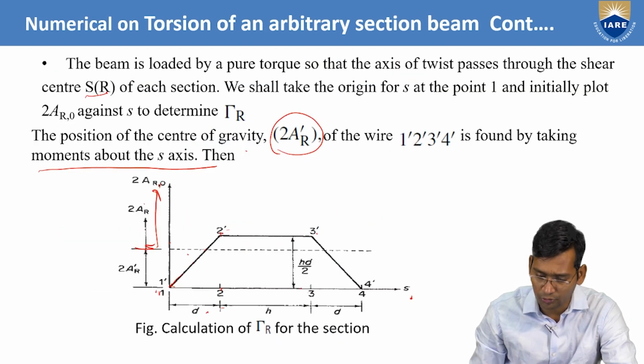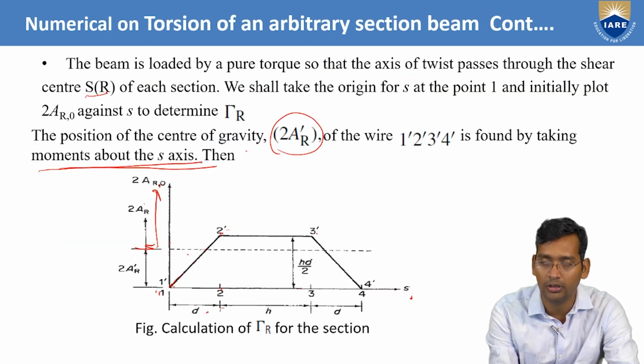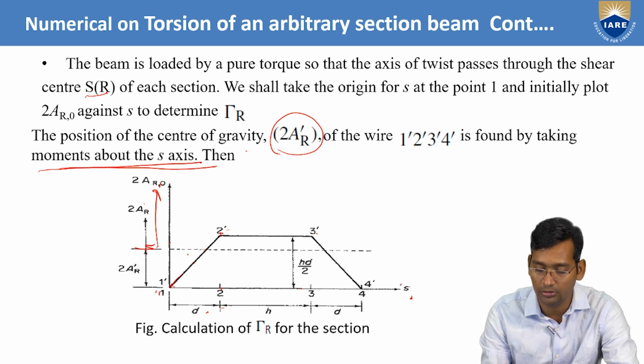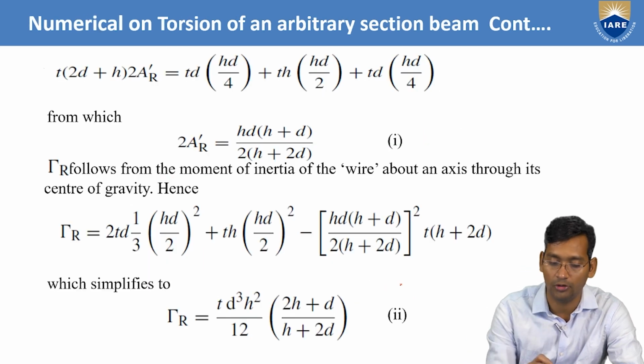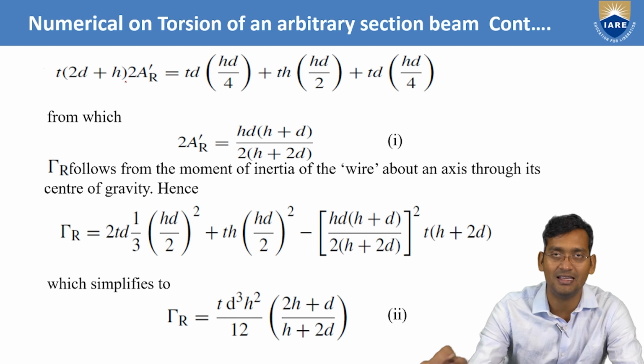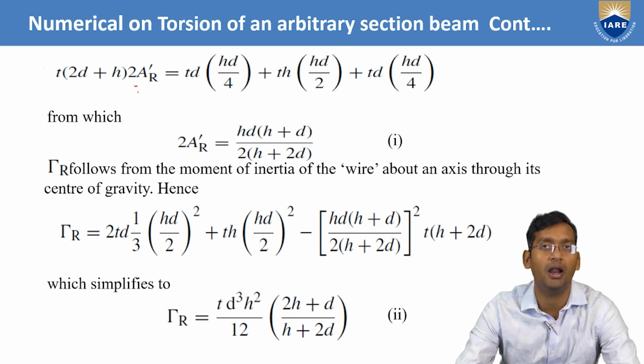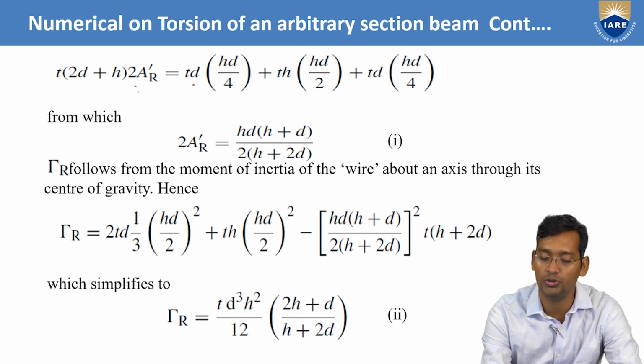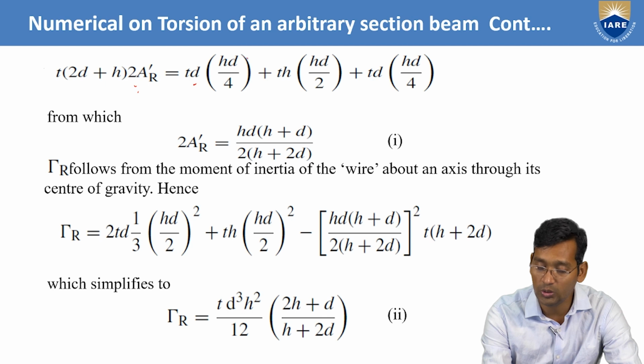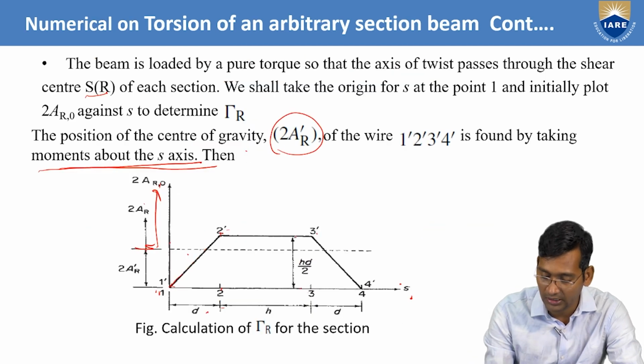So let's apply. We are taking moment about the S axis. So taking moment about this one, now T into 2D plus H into 2 dash AR. Moment means force into perpendicular distance. So your distance will be 2AR dash. That is equal to T into D, into HD by 4. Just see here, that HD by 2, where it will act at half of that one.